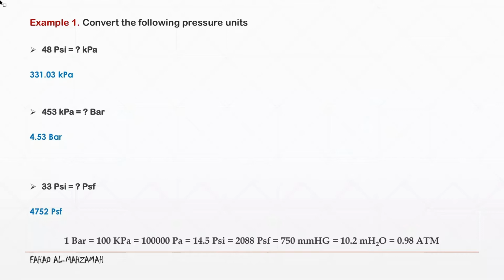Here we have 100 kilopascal is equal to 14.5 psi. Now, as we studied in the unit conversion in lecture number 1, we have our initial value, which is 48 psi.